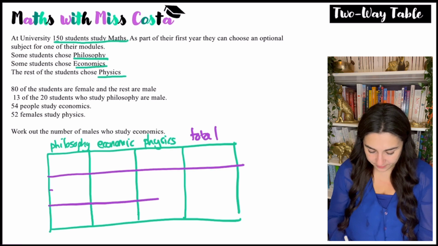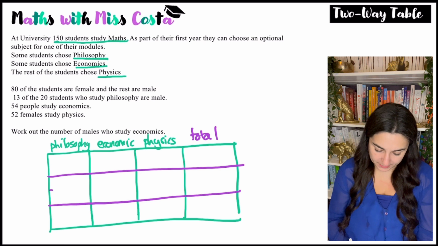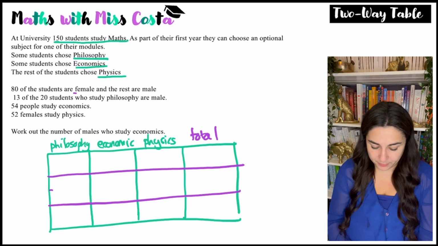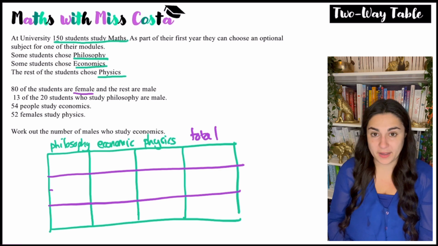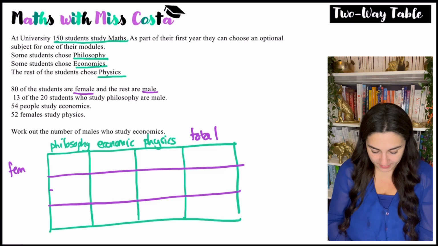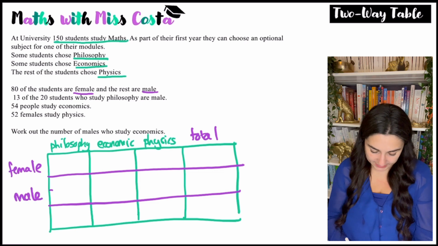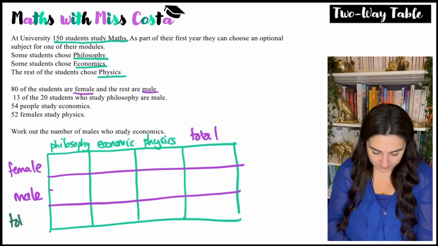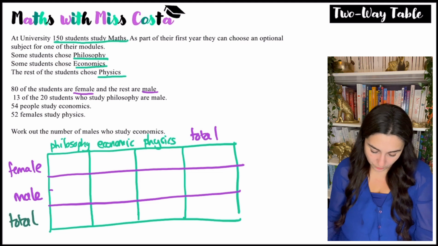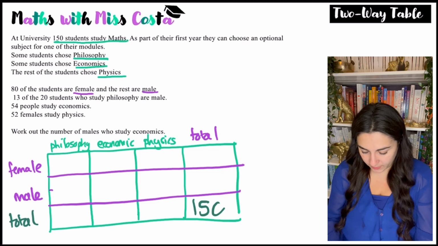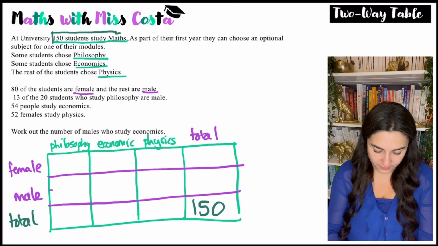Then I'm going to have 3 columns here because the way they've separated them is into female and male students. So over here I'm going to have female students, and over here male students, and here is my total column. So what information do I know? In total I have 150 students.